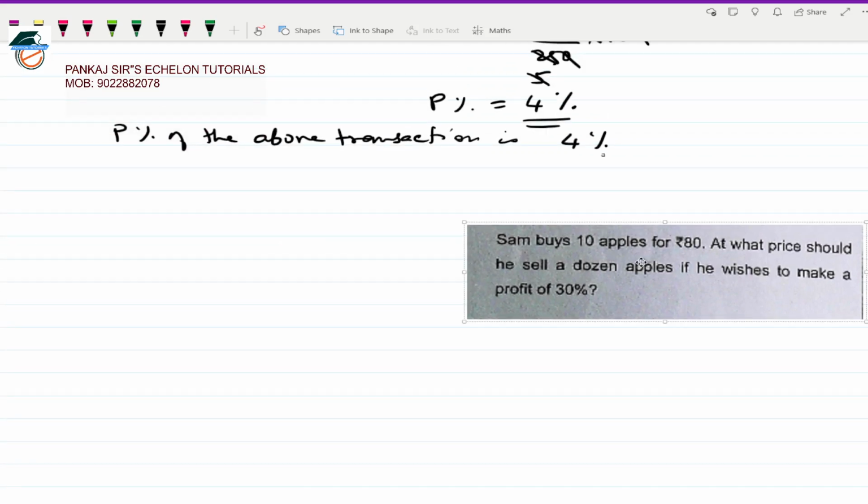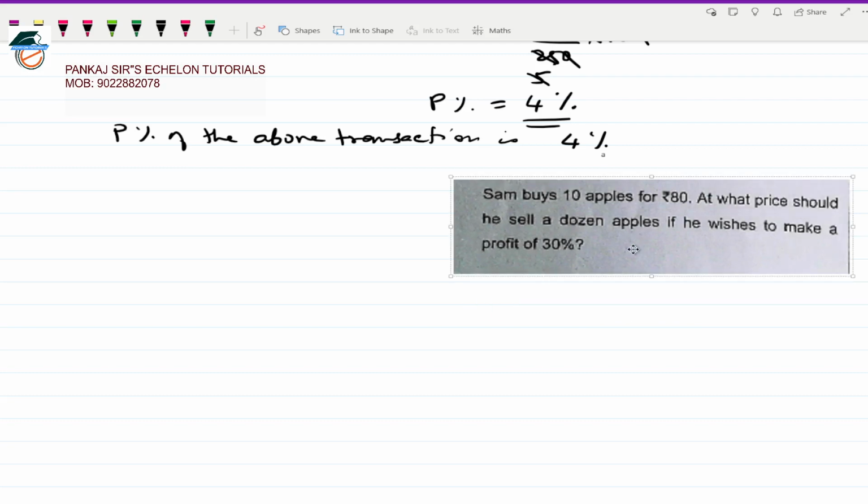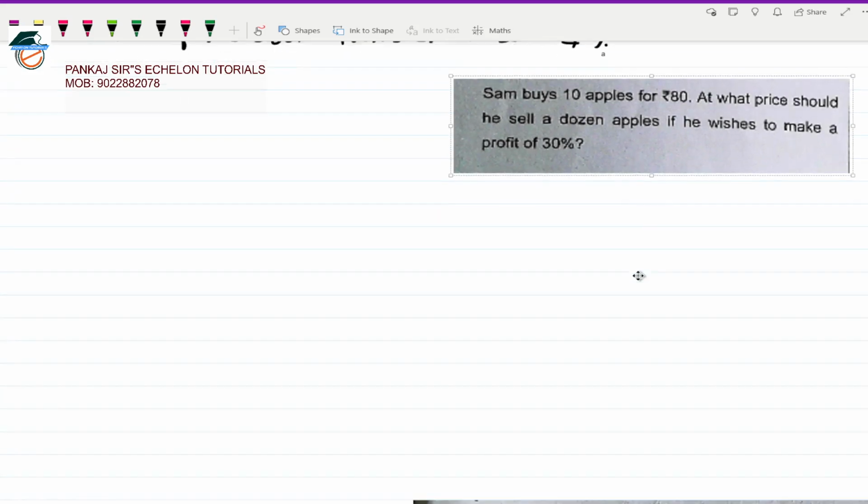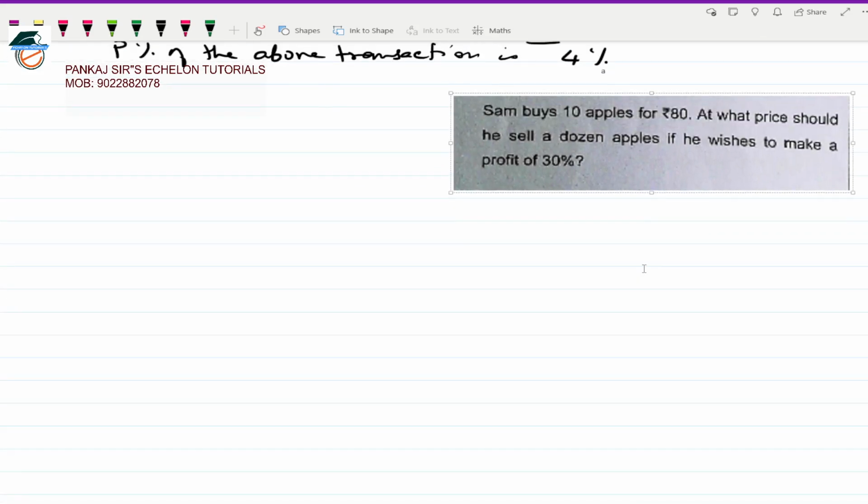Now this is your example number 3. Now what this third example says, there's some Sam who buys 10 apples for 80 rupees.